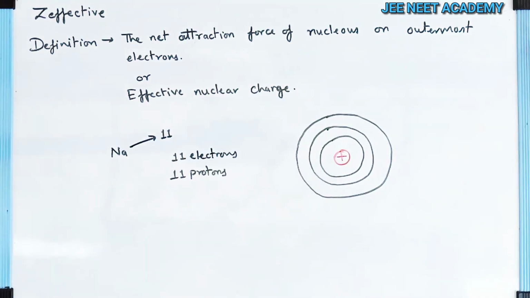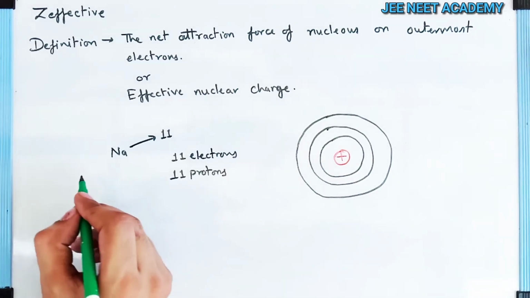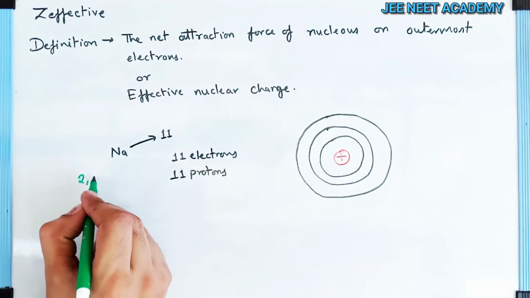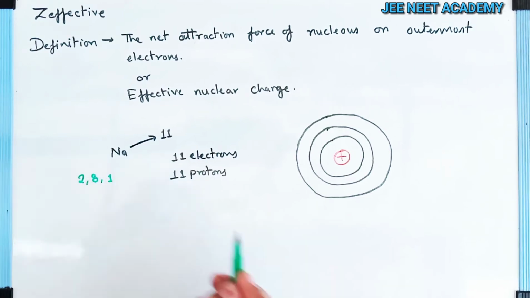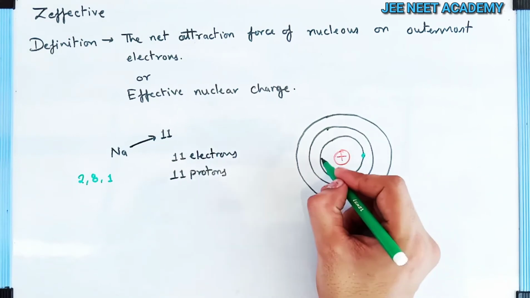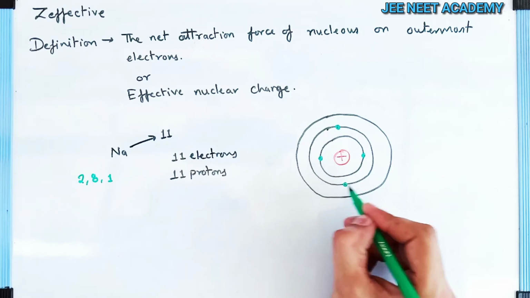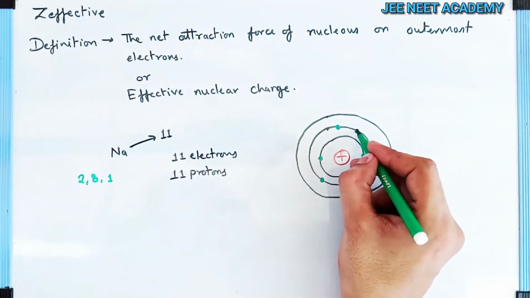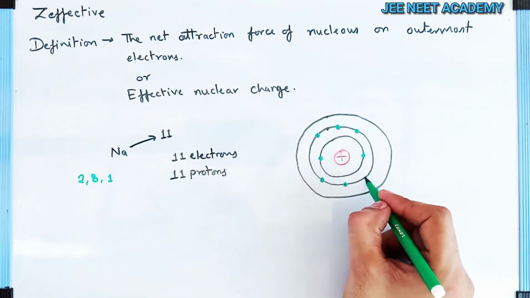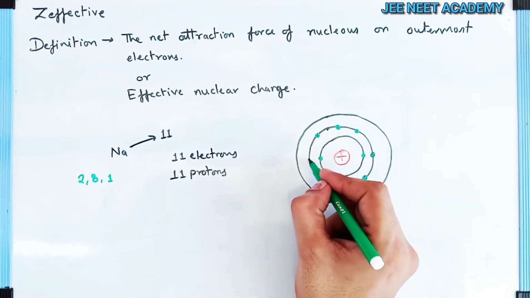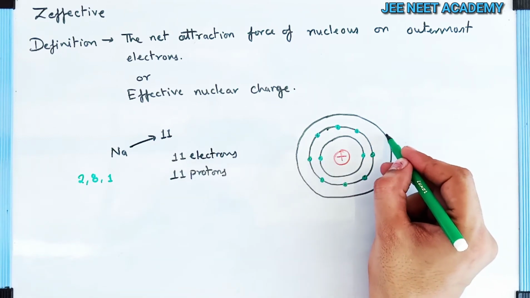So a total of 11 electrons are there in a sodium atom. What is the electronic configuration of sodium? 2, 8 and 1. Total 11 electrons, so 2, 8, 1. 2 electrons in the first orbit, then 8 electrons in the second orbit, and then 1 electron in the third orbit.